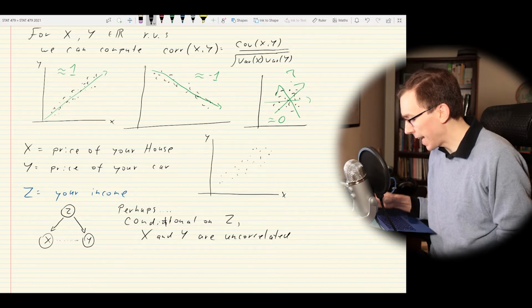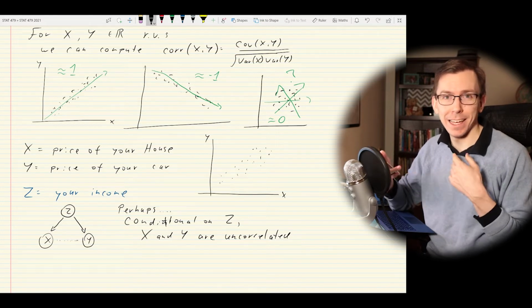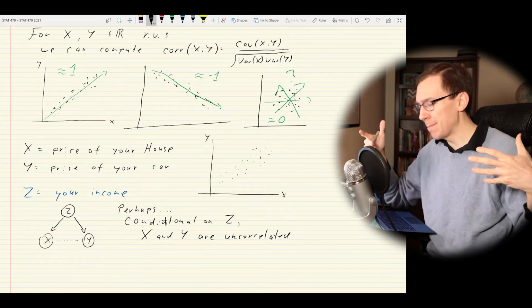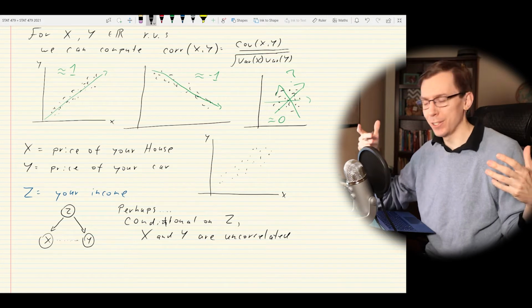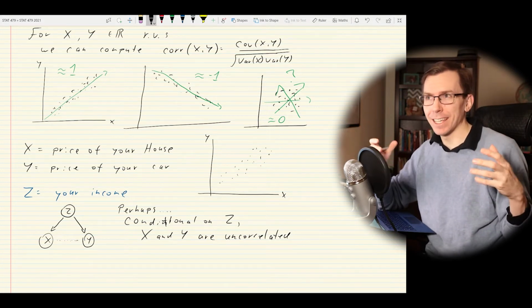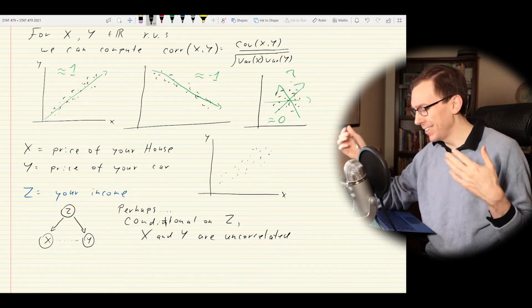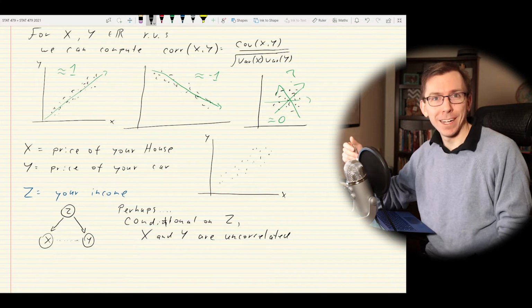Again, I don't know if this would actually hold true for real data based on the prices of houses, cars, and a person's income, but you can imagine this story, and what it tells you is that you have these two variables. They look like they're correlated, they are correlated if you just plug in the data and you type CORR in.